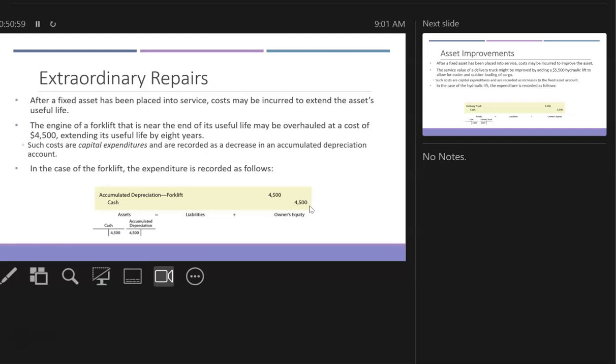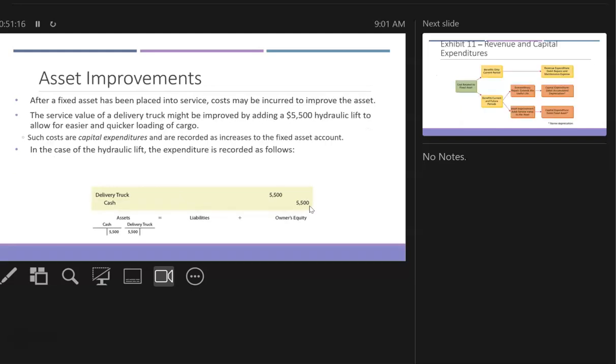Generally speaking, in this case, we add it to the asset cost. After a fixed asset has been placed into service, costs may be incurred to improve the asset.